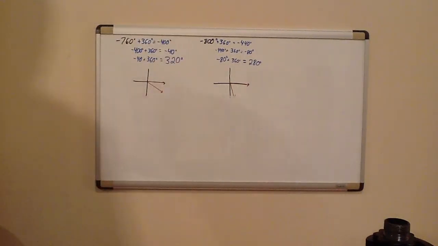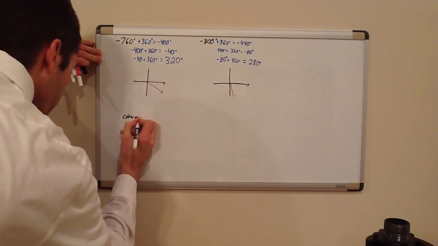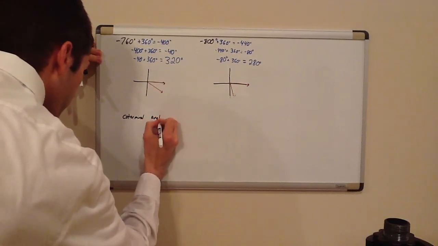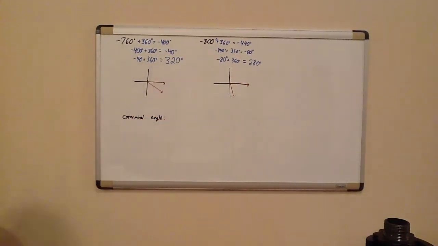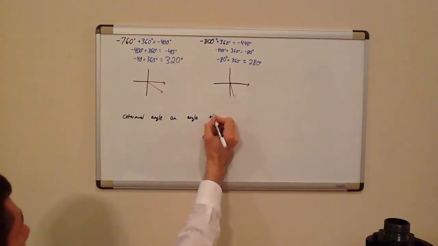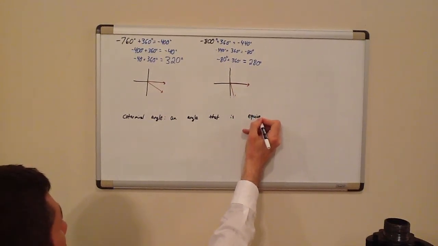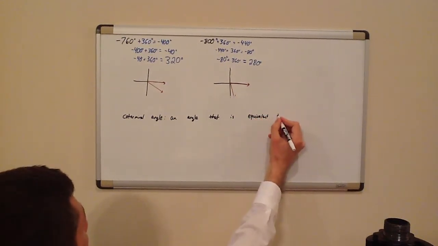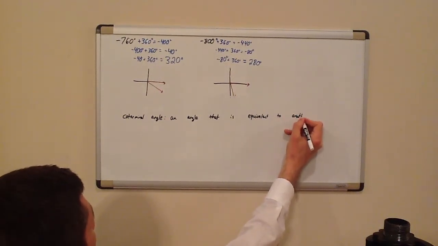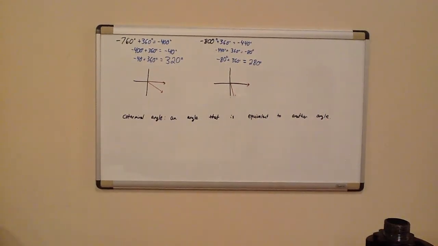Coterminal angles, or a coterminal angle, is an angle, obviously, that is equivalent to another angle. Now that's kind of a vague definition, but essentially, let me give you a demonstration of what it really means.